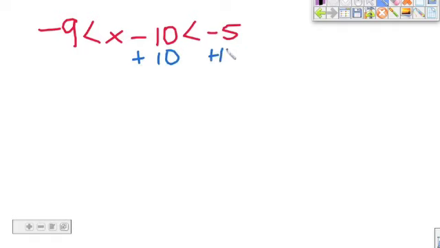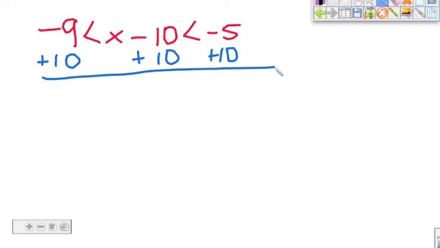And you do that to all three parts, or all three sections, allowing these 10s here to cancel, my x to fall down, and my inequality. -5 plus 10 is going to leave me with a positive 5. Bring down my inequality here. -9 plus 10 is going to give me a positive 1.